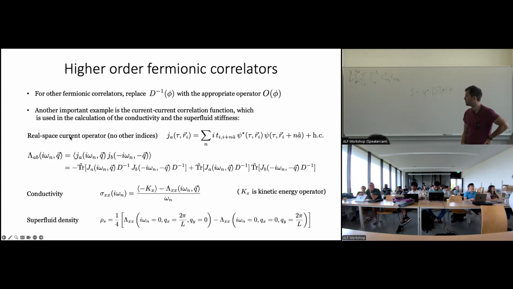The real space current operator, assuming no flavor indices, is written as follows: psi dagger psi with some hopping terms. Then what you're often interested in is this current correlation function lambda. The subscript indicates the direction, so you're interested in lambda x to compute the conductivity in the x direction, for example.